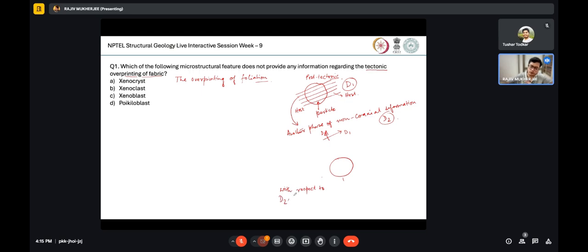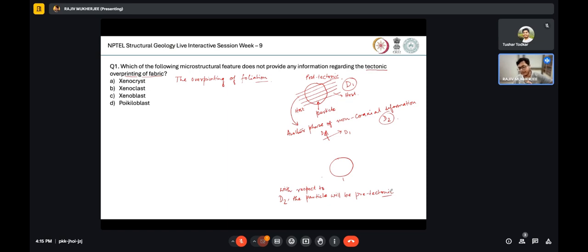With respect to D2, the particle will be pre-tectonic, because it was already existing before the second phase of deformation.